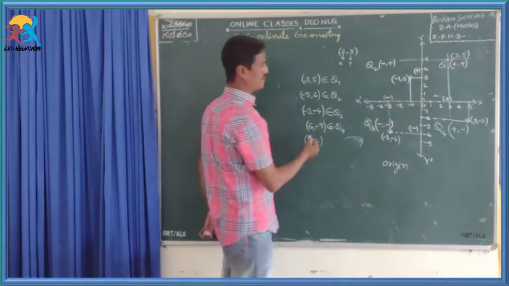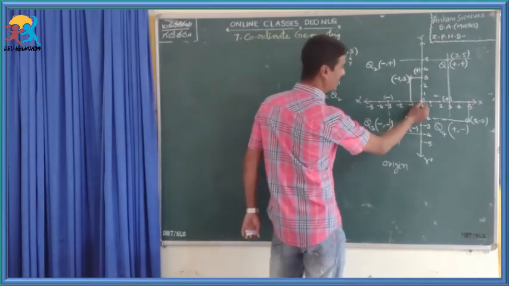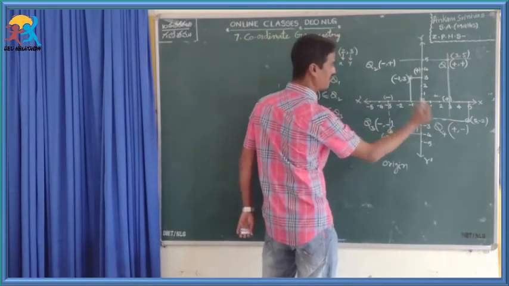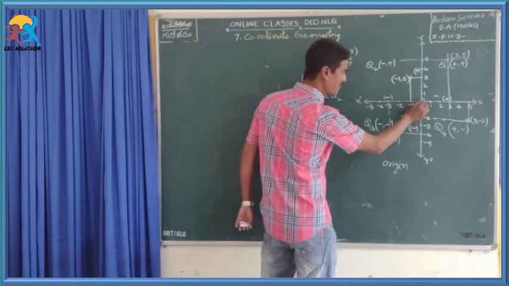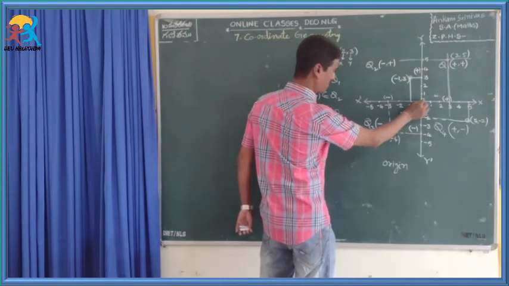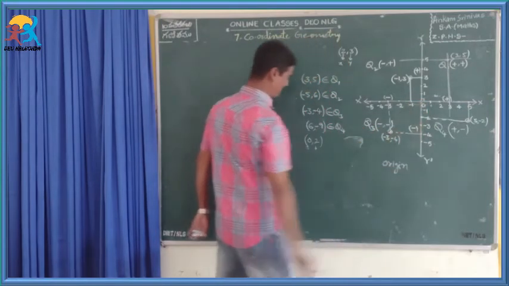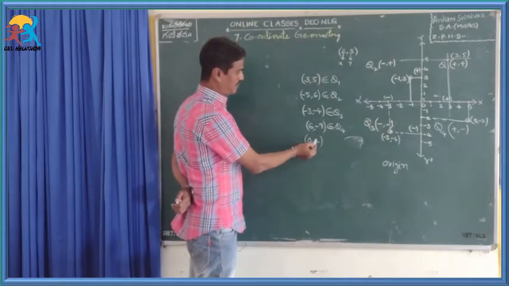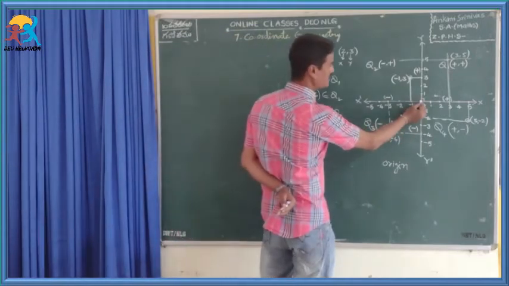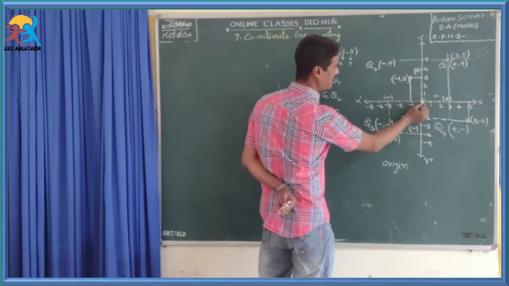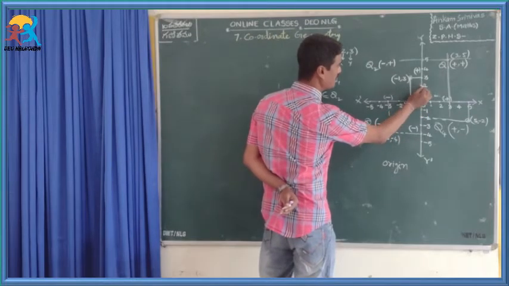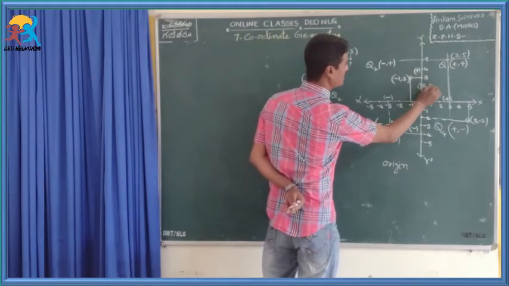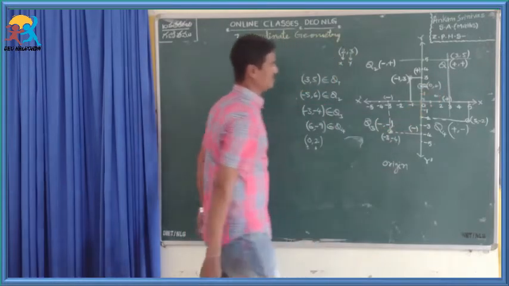Now we have 0 comma 2. Here we cannot move to the right or the left. This is x equal to 0, and y is 2 units, on the y axis 1, 2.